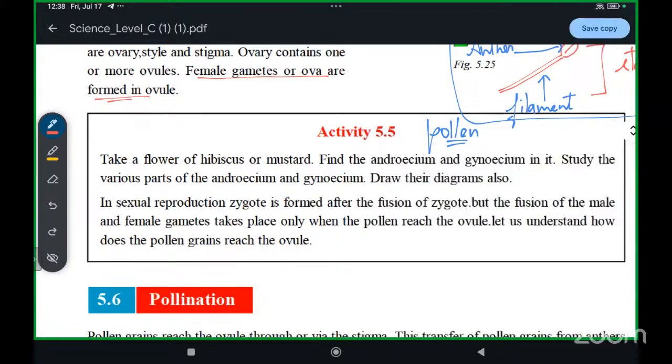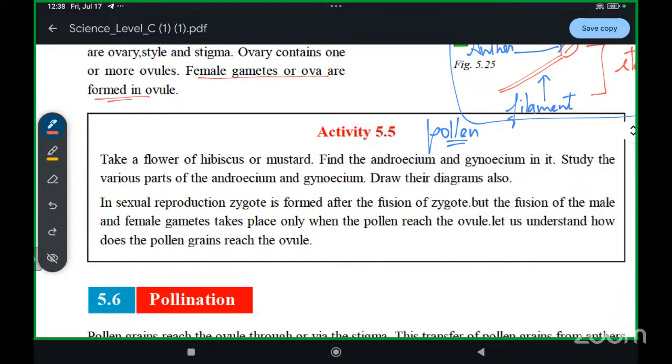Ma'am, you said some plants have only male gametes and others only female gametes. How does reproduction take place?